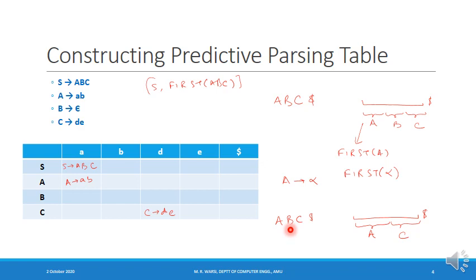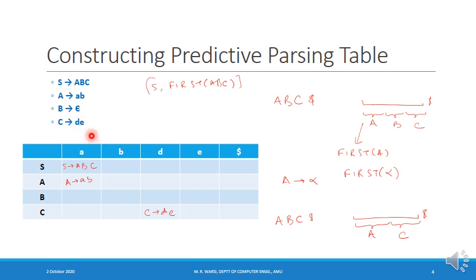The next input symbol will be the symbol which is there in the follow of capital B. What is the follow of capital B? Follow of capital B will be first of capital C, which is small d.